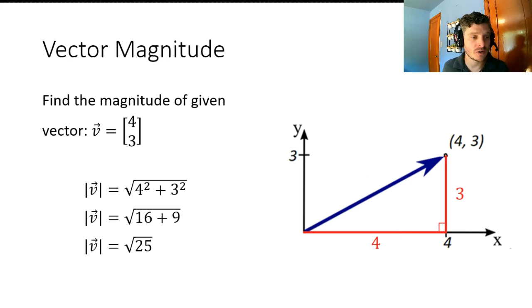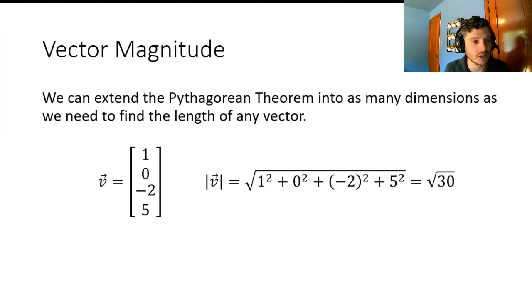That's the square root of 16 plus 9, which is the square root of 25, which is 5. The length of that is 5. It's your basic 3, 4, 5 triangle. So the magnitude of this vector is 5. And again, hopefully everyone can do the Pythagorean theorem, so I'll just go through that very quickly.